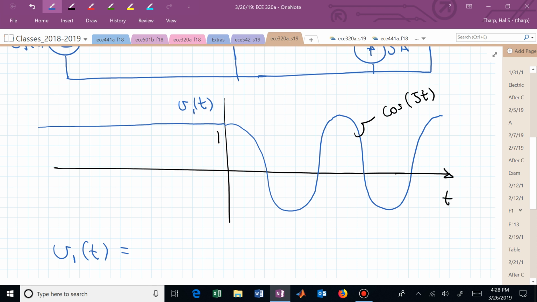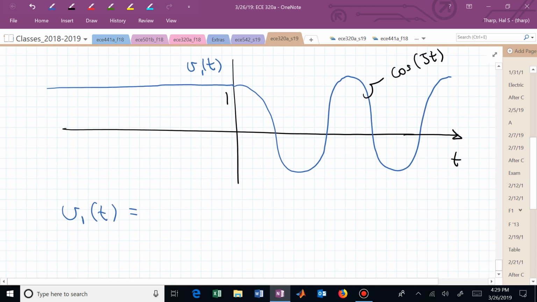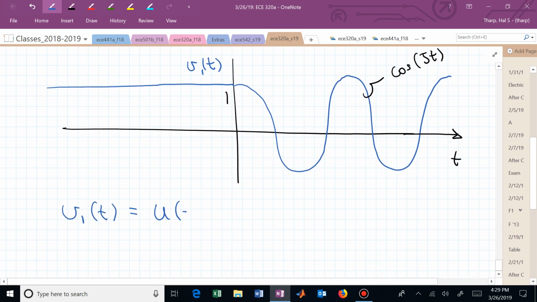Meaning, this straight line we could write as a standard waveform, a unit step of minus t. Then it stops for positive t. The argument is negative, so it shuts off.